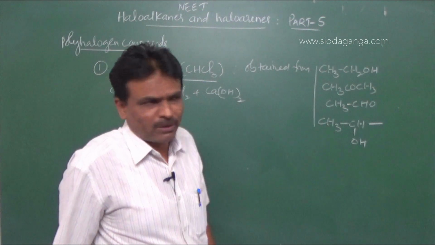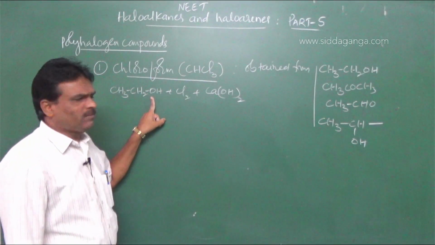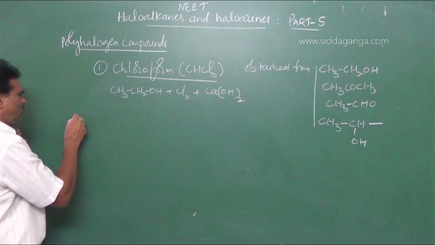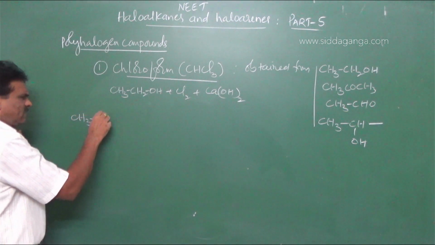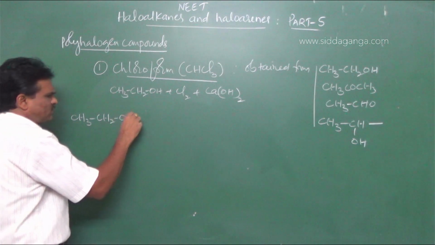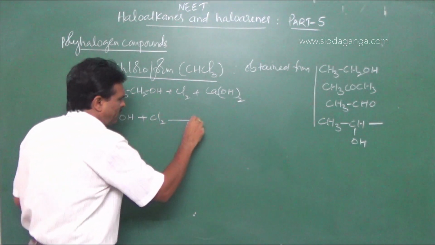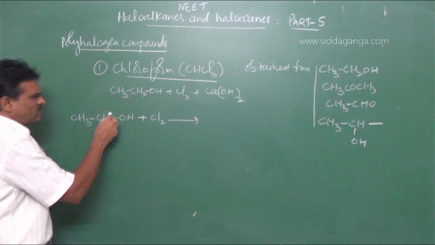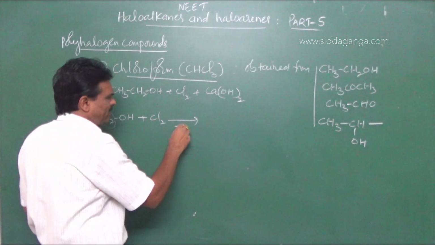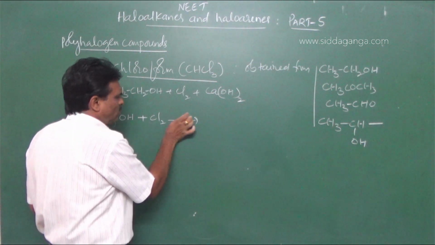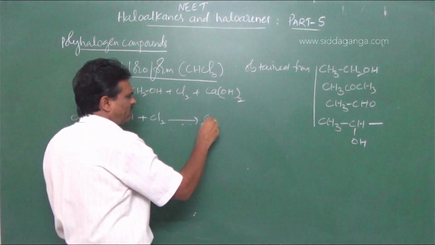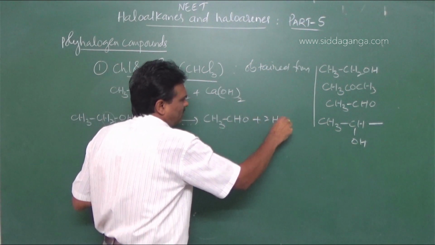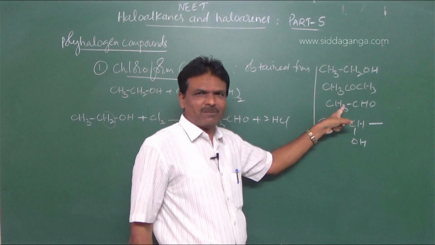So ethanol, CH3CH2OH, reacts with chlorine. In this case, 2 hydrogen atoms and 2 chlorine atoms are eliminated as 2HCl to form acetaldehyde, CH3CHO, plus 2HCl. Here acetaldehyde is formed.